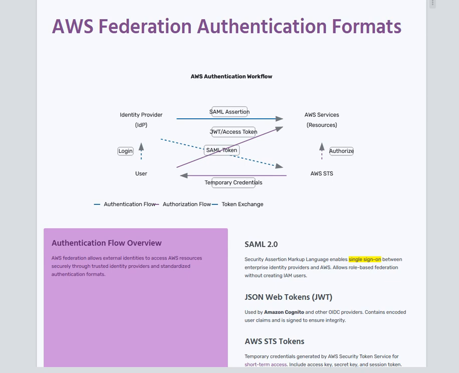But they can be granted access using their external login, like a Gmail login, Facebook login, or other third-party identity providers. You can use them to authenticate into some of the resources inside AWS. That is what we call federation, right?